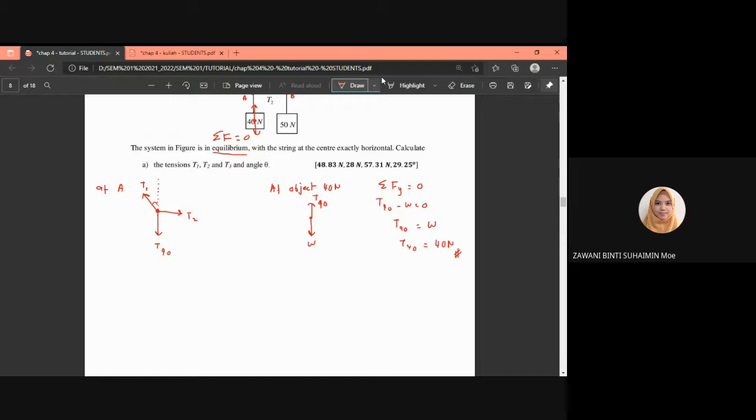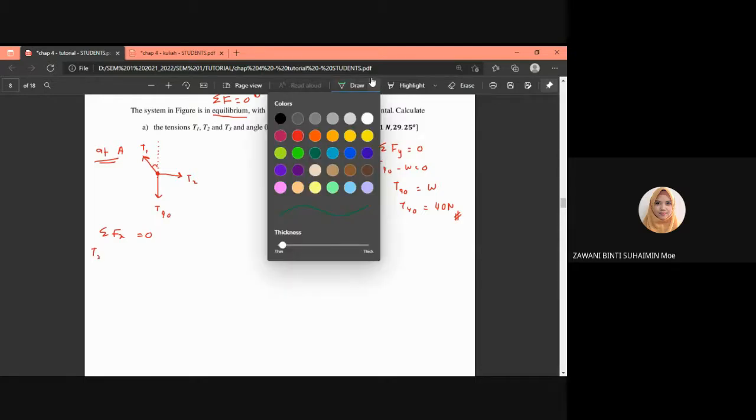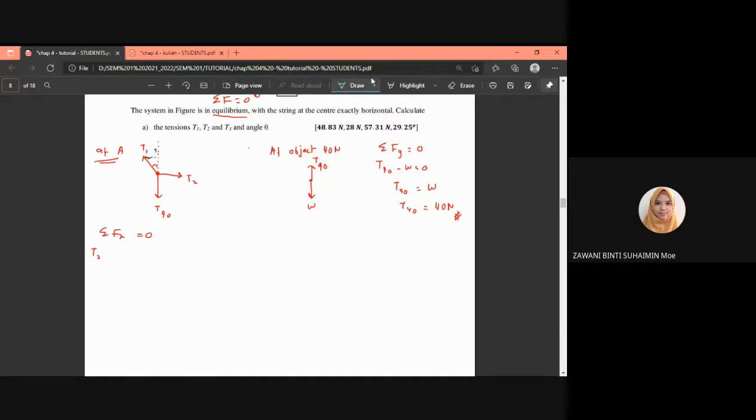Alright, so based on free body diagram at point A, kita boleh resolvekan dia, summation of Fx is equal to 0. Kita tengok X komponen, kita ada T2 ke kanan, positif. And then T1 tu kita akan ada dua-dua komponen because dia ada angle. Untuk T1x, dia lebih ke kiri, so it is minus T1 sin theta.